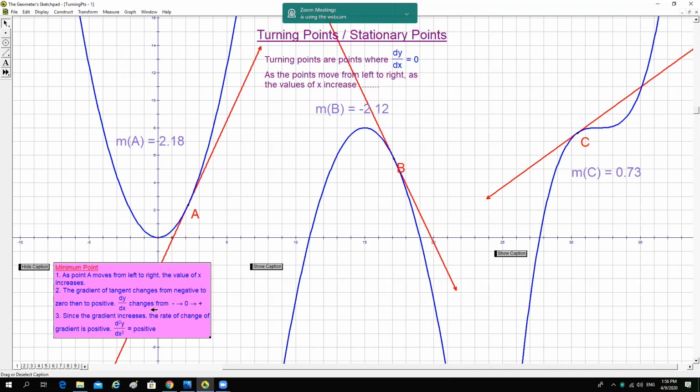One way is looking at dy/dx by analyzing the gradient: the gradient changes from negative to positive. Another way is looking at the second derivative, d2y/dx squared. Now if this d2y/dx squared is positive, it means that dy/dx is increasing. So far, any question?